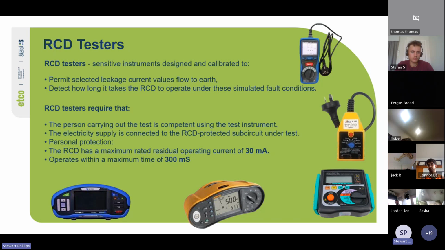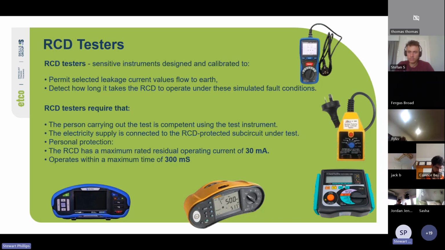So there is something in the regs, and actually, I will check quickly.